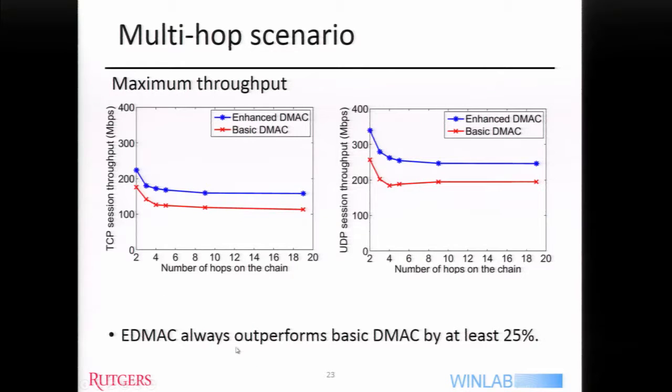And here the result: the x-axis is the number of hops of the multi-hop chain. So we can say that with the proposed DMAC, no matter whether we use TCP or UDP, the throughput is at least 25% higher than the traditional basic DMAC.